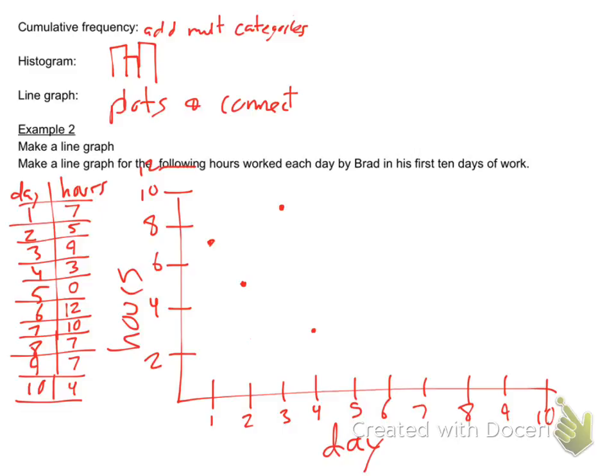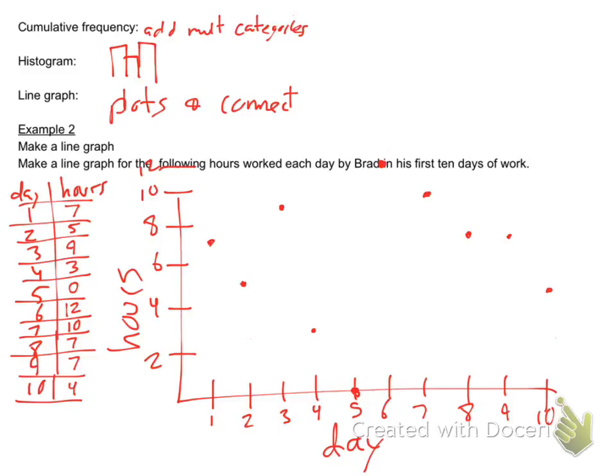Day 5, doesn't work any. Day 6 goes all the way to the top. Day 7, a little bit less. Day 8 is a 7. Day 9 is a 7. And back down to 4. There we go.